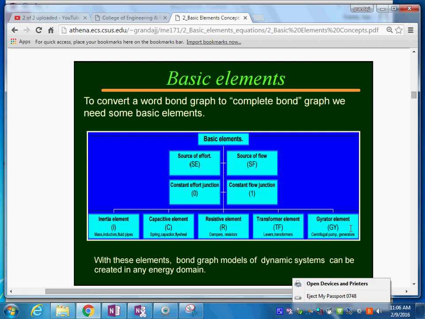Okay, let's begin with some symbols that we're going to need to indicate the connections and the interaction between elements.